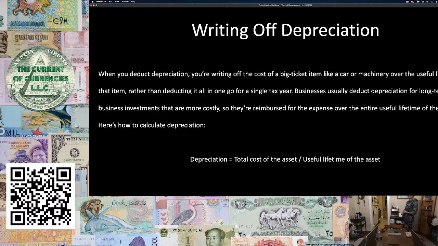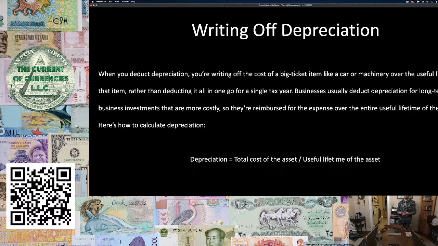Writing off depreciation, and this is huge with cars. When you deduct depreciation, you're writing off the cost of a big ticket item like a car or machinery over the useful lifetime of that item, rather than deducting it all in one go for a single tax year. Businesses usually deduct the depreciation for long-term business investments that are more costly. So they're reimbursed for the expense over the entire useful lifetime of an item.